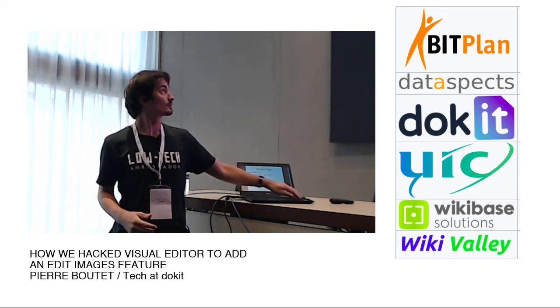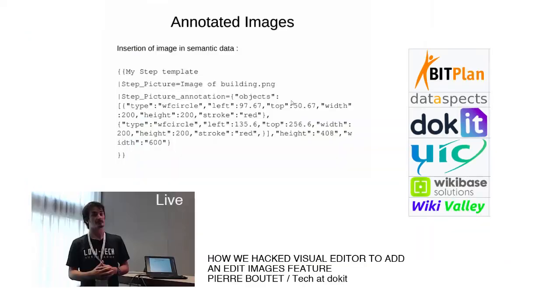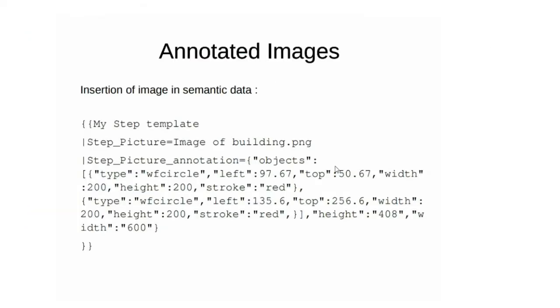So I created the extension Annotated Image. This extension was first built to work with page forms and Semantic MediaWiki. It stores information like that, with just step picture, which is the picture that we want to edit.